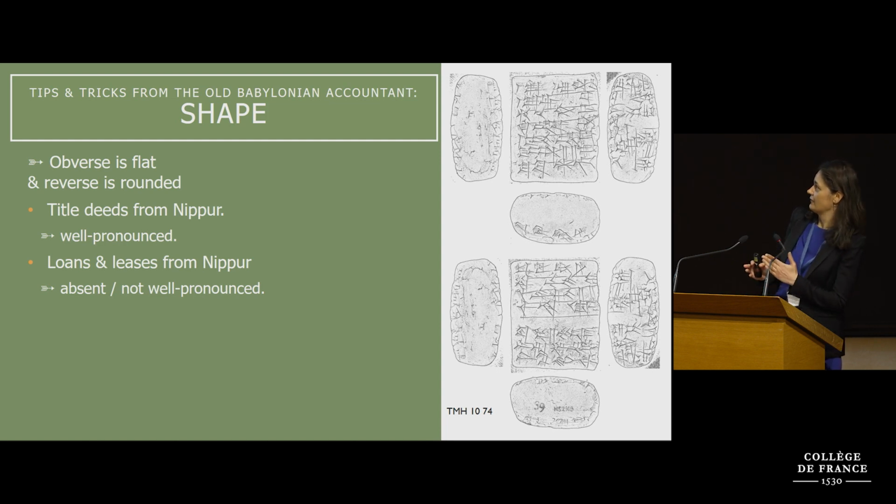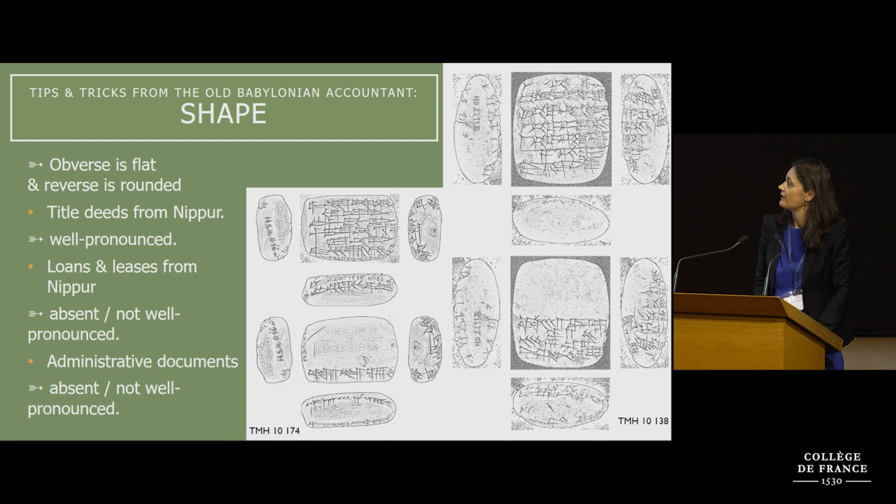Here you don't see a difference between the obverse and the reverse, but you do see a difference with the top and the bottom, so the size of the obverse is actually a little bit smaller than the size of the reverse. And with administrative documents, it is very often absent in Nippur, and sometimes it's just not well pronounced.